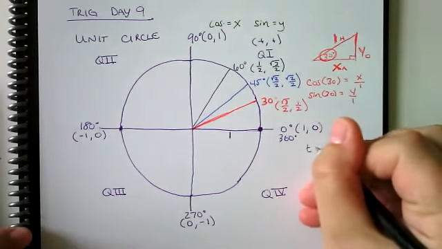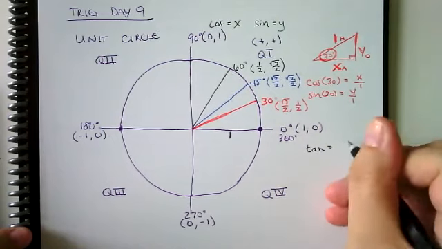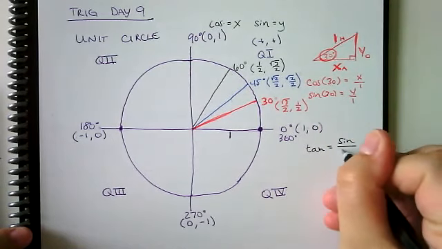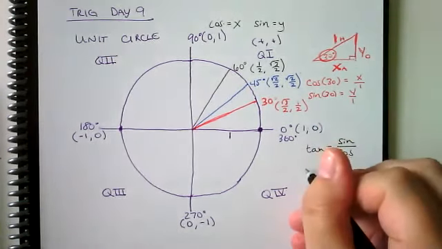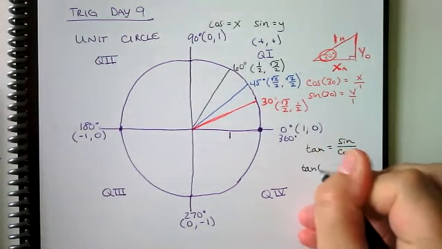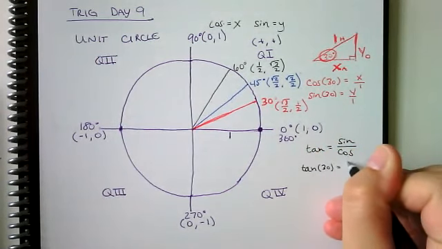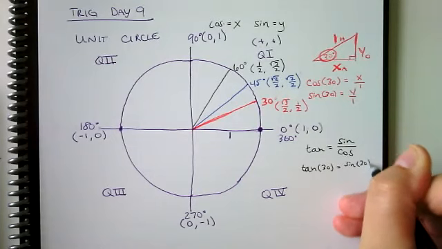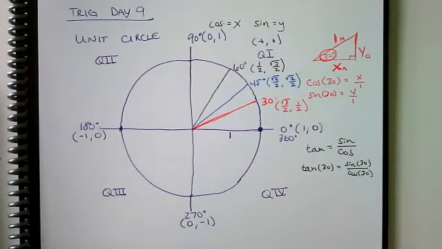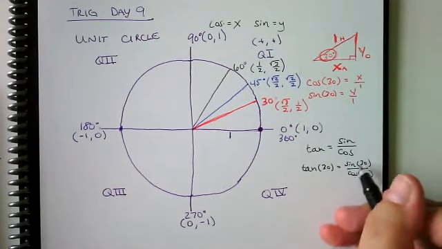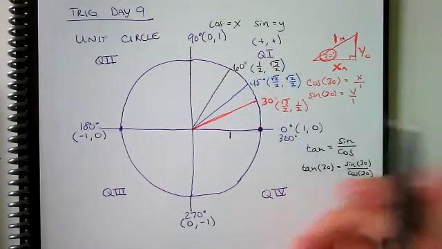So tangent is just equal to sine divided by cosine. Okay, so if I want to find the tangent of 30, that equals the sine of 30 divided by the cosine of 30. Sine of 30 is 1/2.